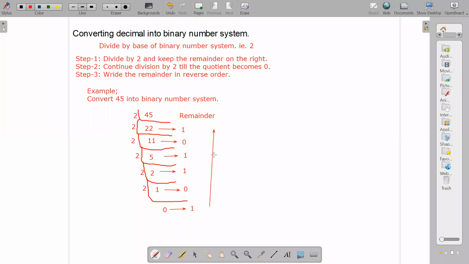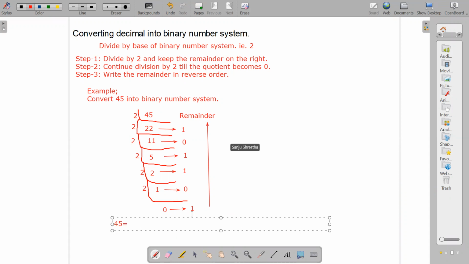Now third step, write the remainder in reverse order. Now here this 45 is equal to, from down we have to write. From down, reverse order, 1 then 0, again 1, again 1, 0, 1.